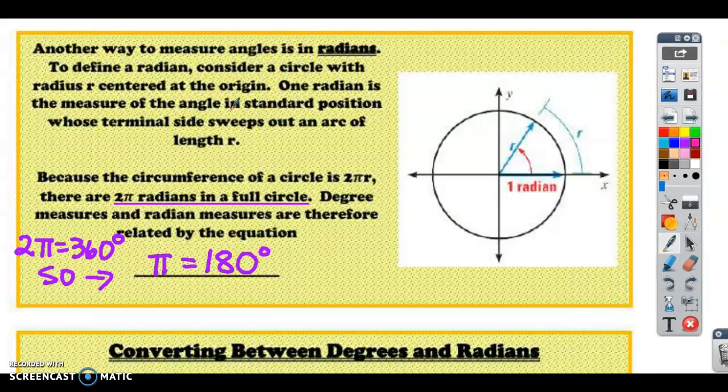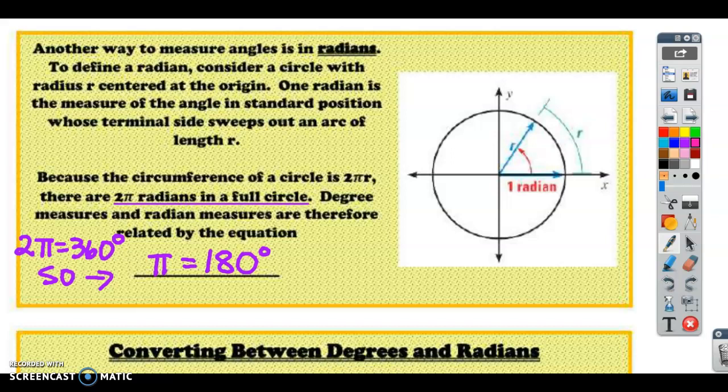All right, we're getting into another way to measure angles. Another unit, besides degrees, is radians, and there are other ones that you will learn about later. So another way to measure angles is radians, right?